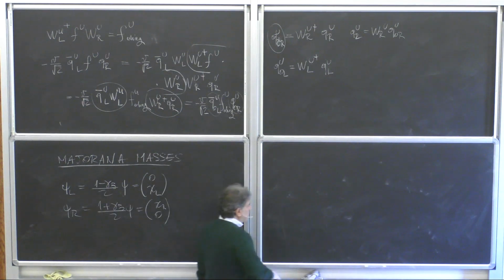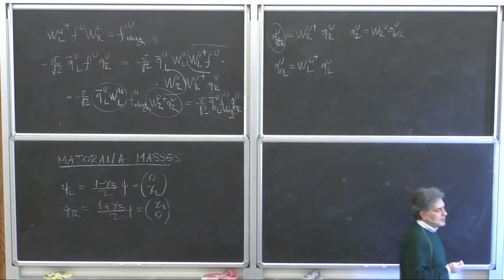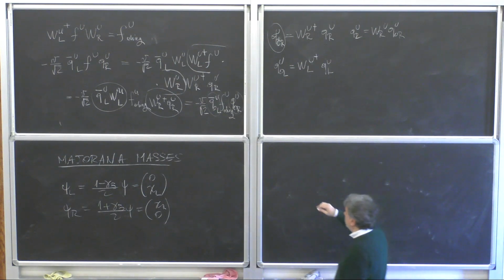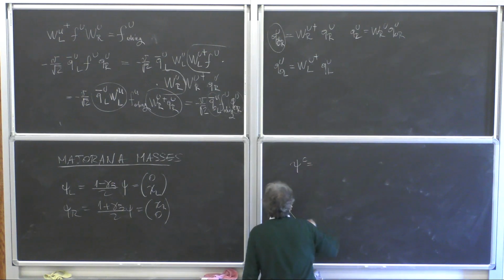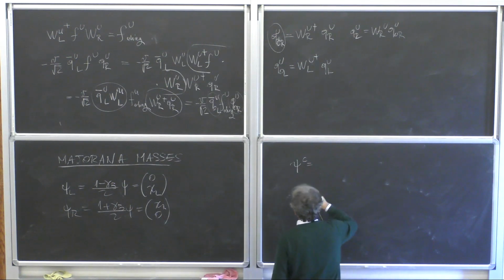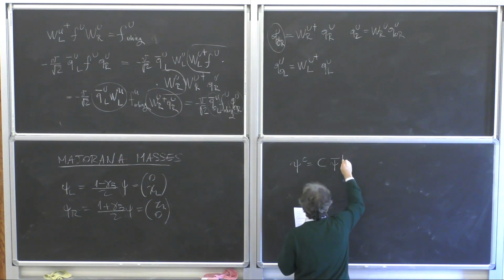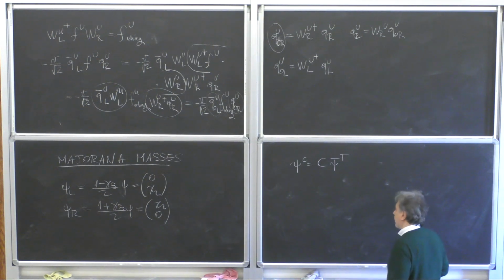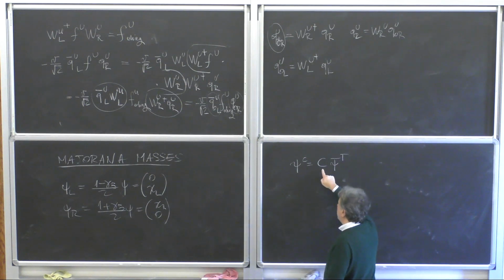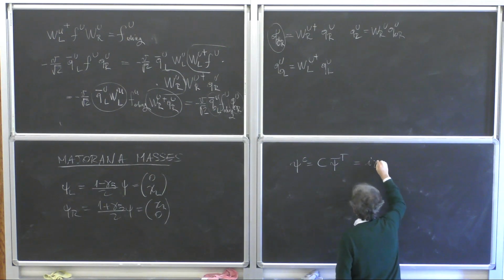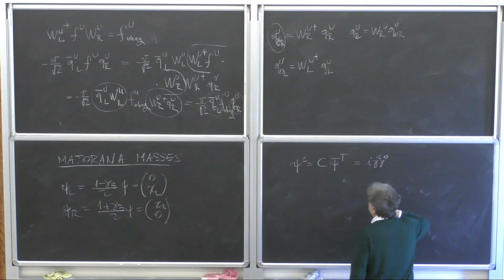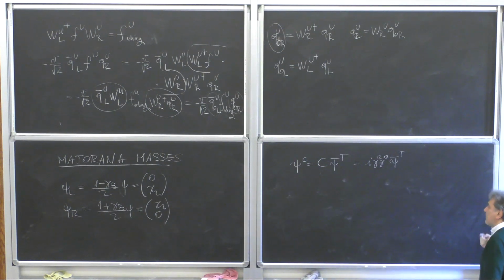Now, consider the possibility that neutrinos are their own antiparticles. The conjugated field to a Dirac spinor is defined in this way: you have a matrix that is i gamma 2 gamma 0 times psi bar transpose.